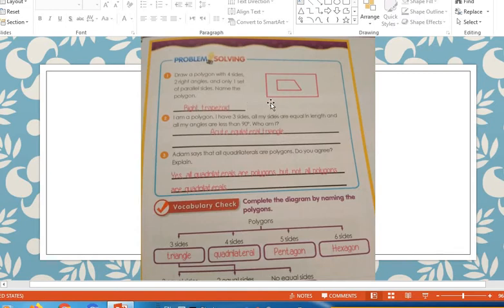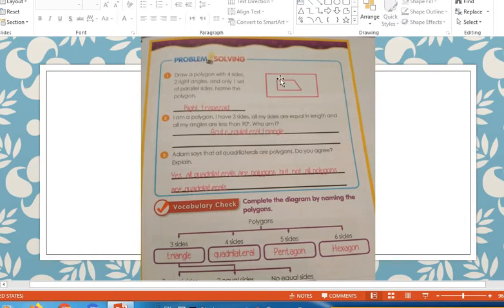Here I have a rectangle, and I want to draw a polygon inside it with four sides, so it's a quadrilateral, two right angles, and only one pair of parallel sides. So what is this polygon? It's called a right trapezoid. Why right?